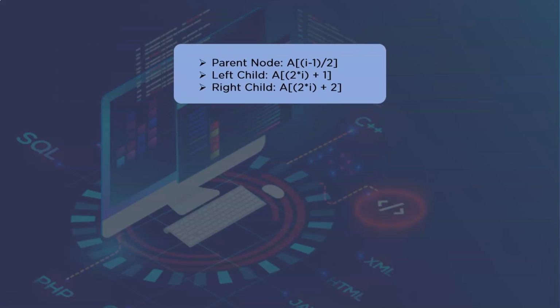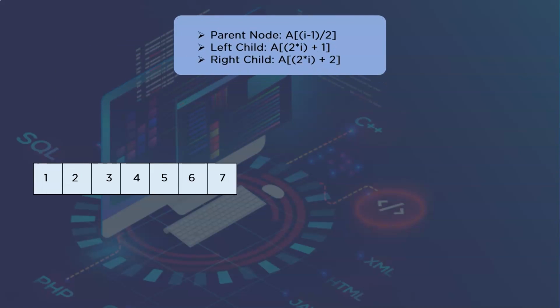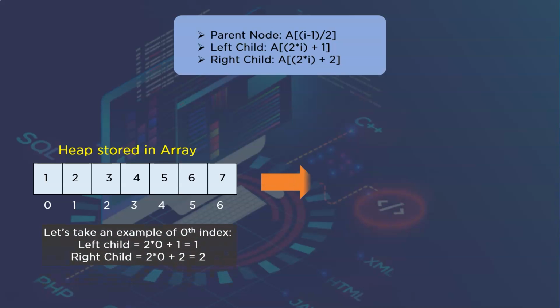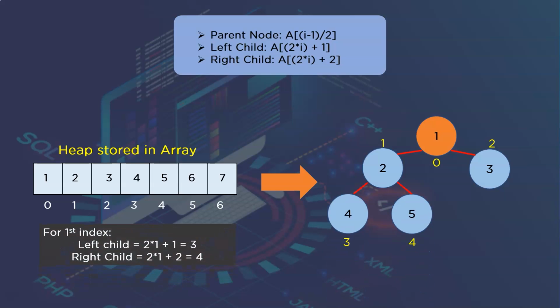Let's understand how this phenomenon works with the help of an example. We'll begin with index 0. If we enter 0 in this arithmetic expression, then we will get 1 and 2 as output. That means the element at index 1 will be the left child and element at index 2 will be the right child, and the tree structure will look like this. Now, moving ahead, let's take an example of index 1.